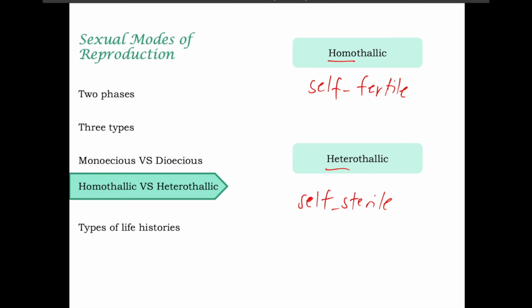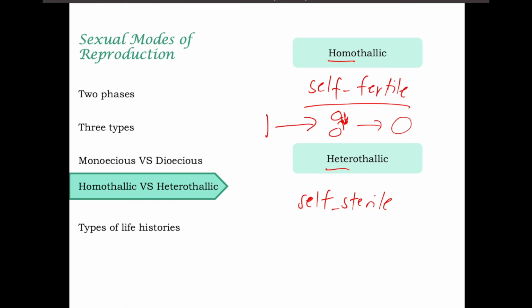For your homothallic, your self-fertile, the gametes from the same individual are able to fuse and produce a viable offspring. Okay, so that's homothallic. The gametes from that one individual can fuse together from that same individual. Again, the gametes that it produces can fuse together to produce a viable offspring.